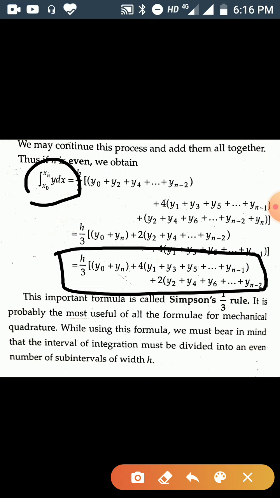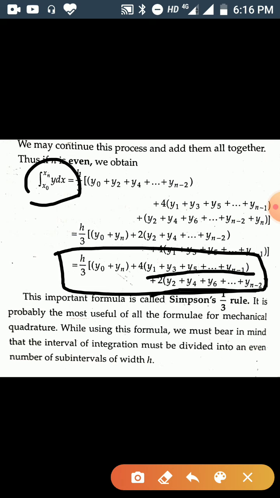That means for learning this formula we can write h by 3 times [sum of the first and last entries plus 4 times the sum of all the odd entries plus 2 times the sum of all the even entries].